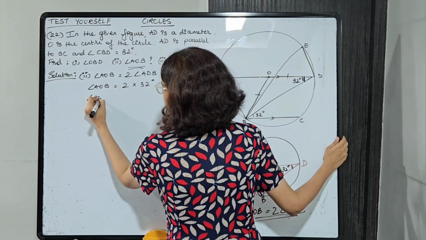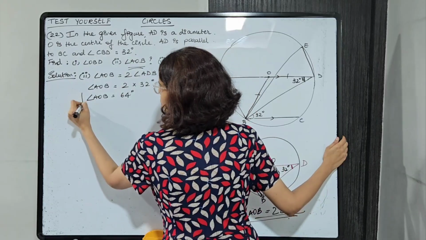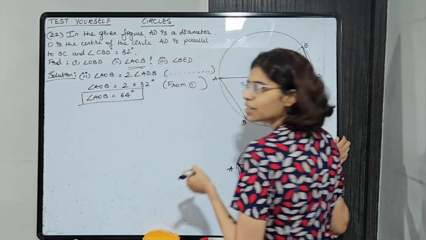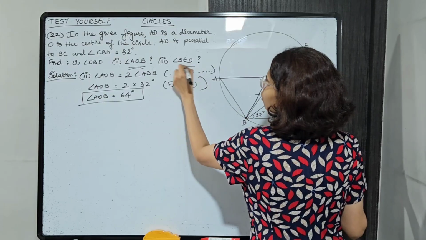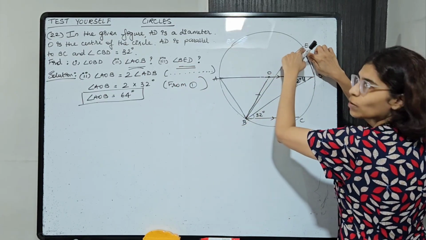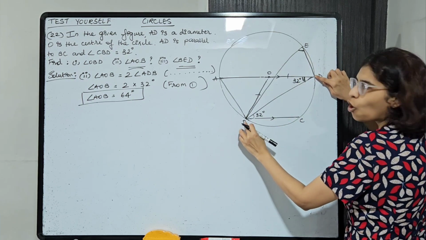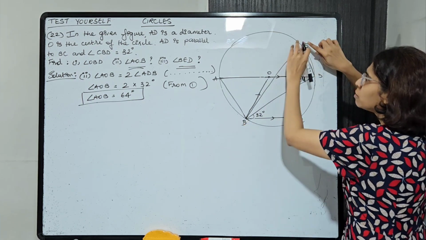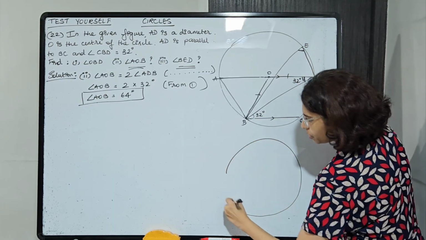So AOB is 64. So the second part's answer is also found. Now we'll find out the value of angle BED. This angle BED is subtended by this chord BD on the circumference. So let's understand this better.